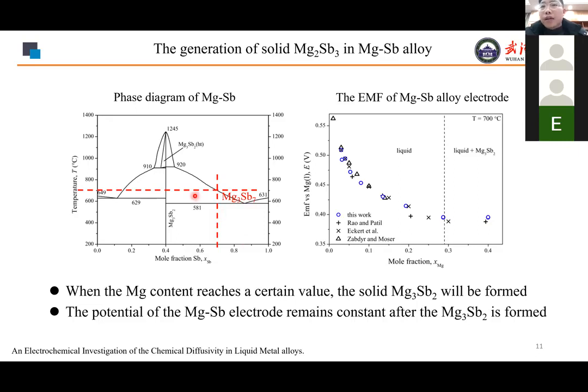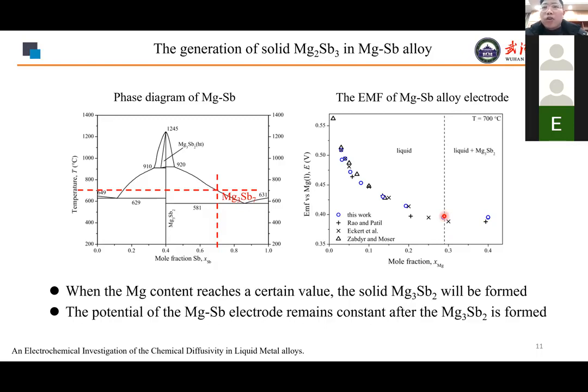From the phase diagram, the magnesium antimonide, which has a high melting point, will be formed when the magnesium content reaches a certain value in the liquid magnesium antimony alloy electrode. When the magnesium content reaches this value, the magnesium antimonide is generated and the potential becomes stable.